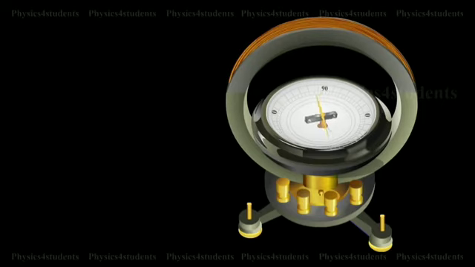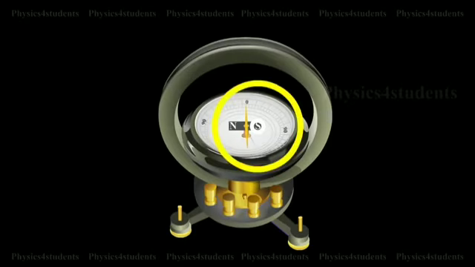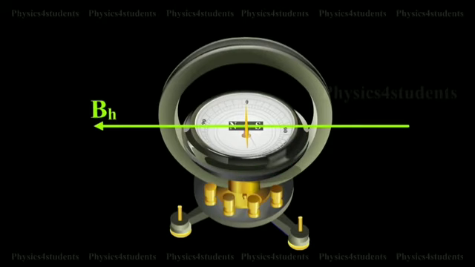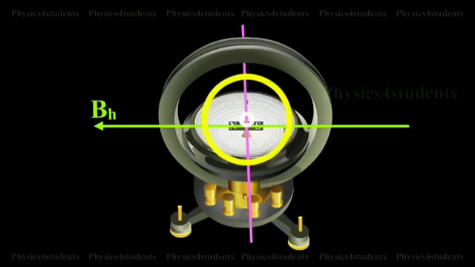Next, theory. The circuit connection for the tangent galvanometer is shown in the figure. Now there are two fields acting mutually perpendicular to each other. The magnetic field B due to the electric current in the coil acts normal to the plane of the coil.